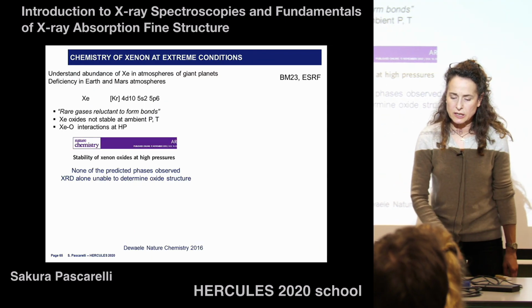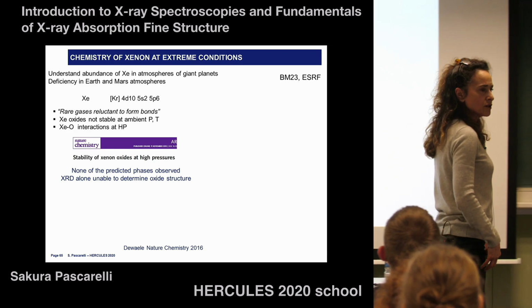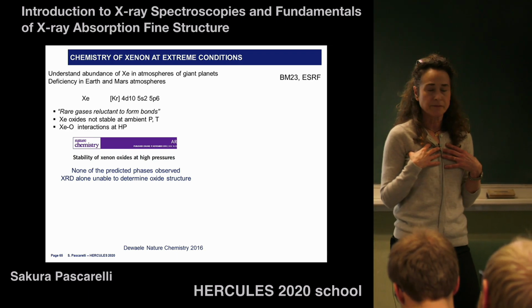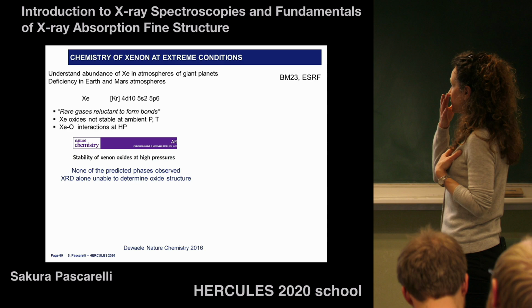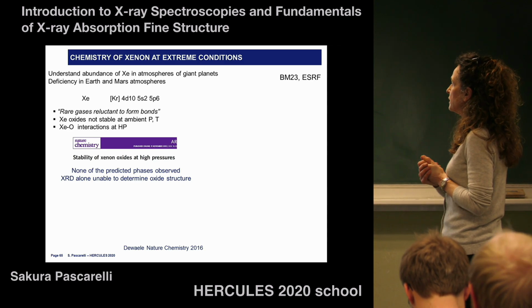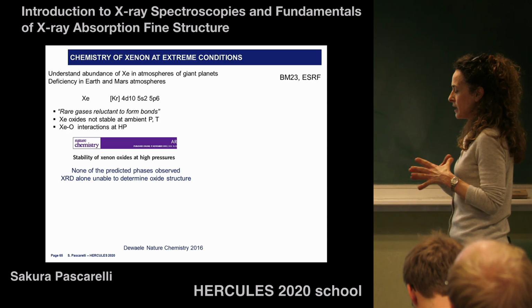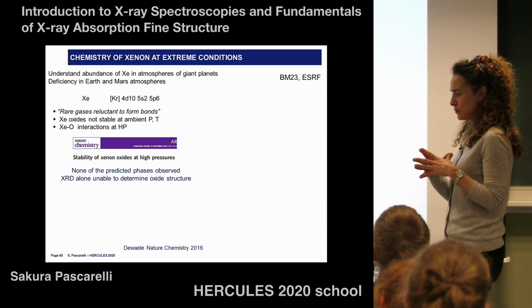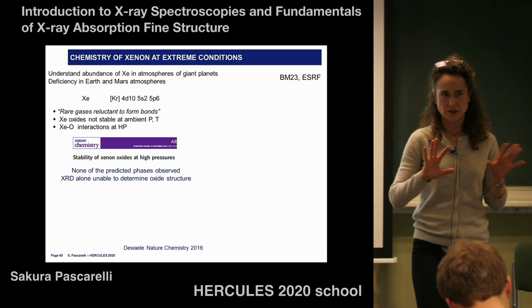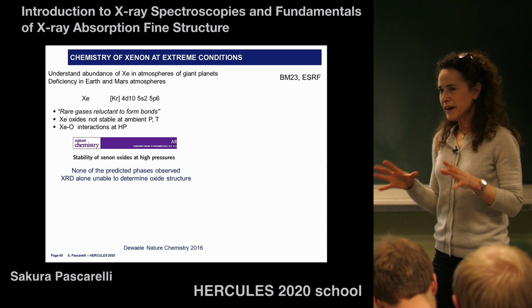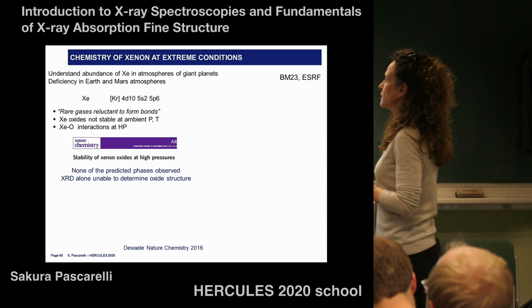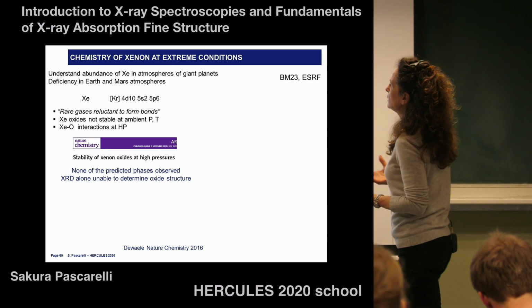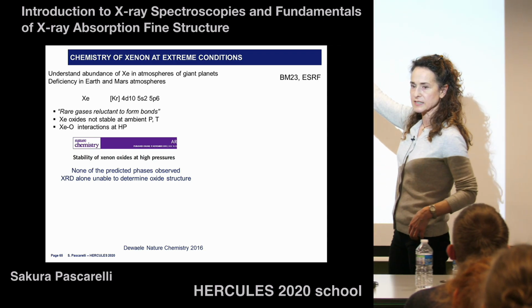Okay, and here I'll talk a little bit about high pressure science, because this is my area. So this is a nice experiment that we did many years ago on BM23. And actually, it had two different motivations. On one hand, people are interested in looking at the reactivity of these rare gases, like xenon.